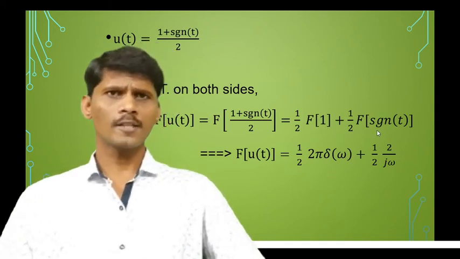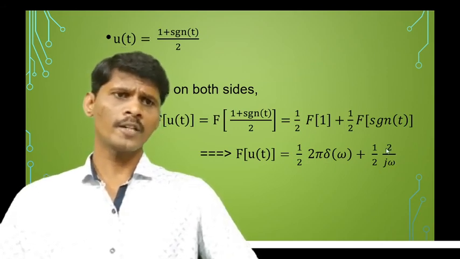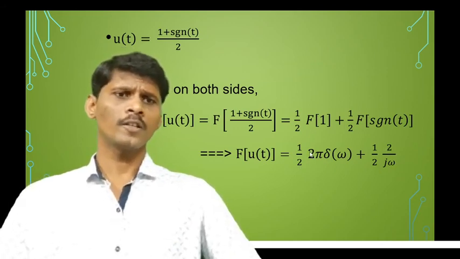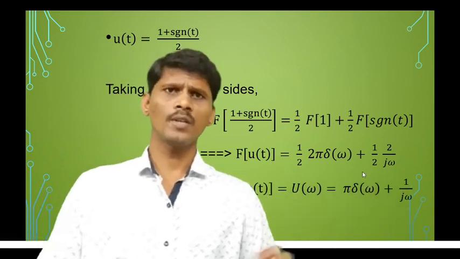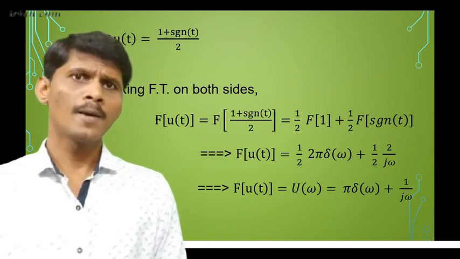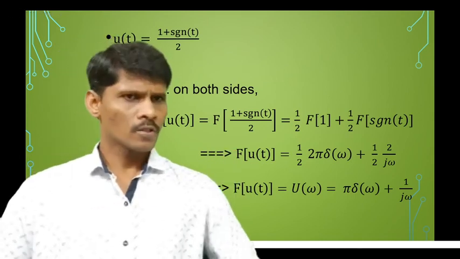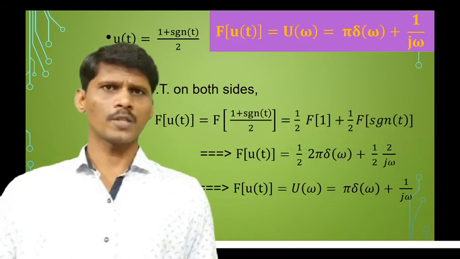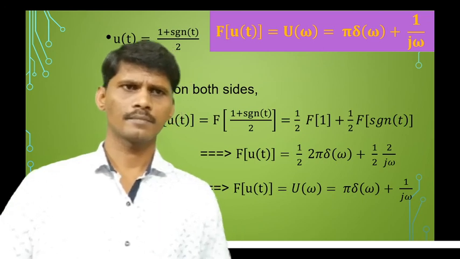And the Fourier transform of signum of t is 2 by j omega. Now the 2 in the numerator and denominator is cancelled. What is the remaining expression? The Fourier transform of the unit step function is pi del of omega plus 1 by j omega. This is also a very important expression. Keep it in mind.